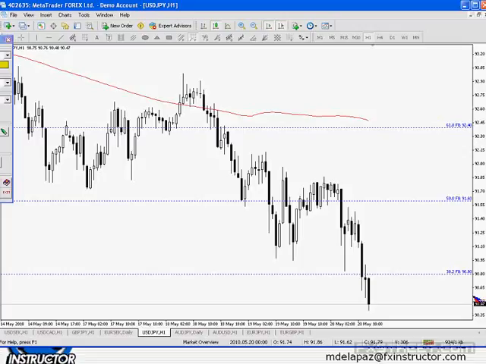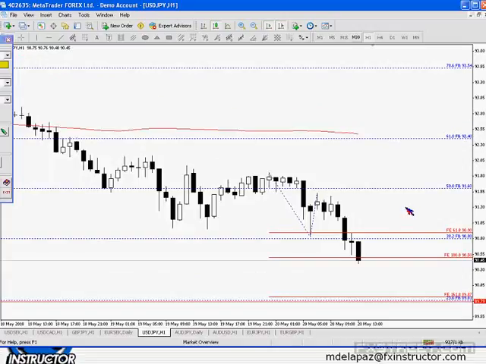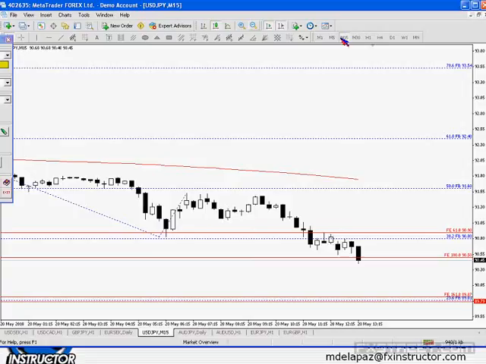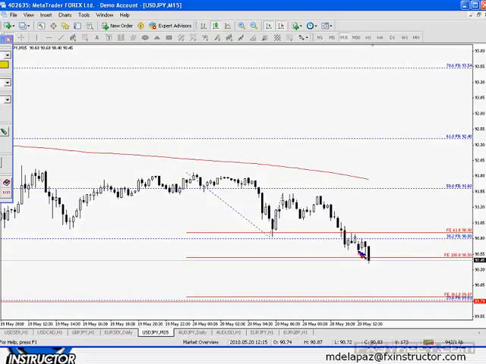Let me move to the lower time frame, see whether we did get a bounce off 90.50. I don't really think that it's pretty obvious. We tested it once. We didn't quite get to 90.50. You pulled back, and then of course you now have this breakout.